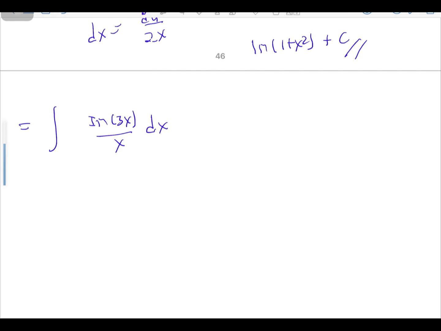We are not going to achieve any results. So how do we do this? The only thing that you can do is to represent u by whatever will make your life simpler and easier. And therefore, we can decide to say that our u equals ln 3x.